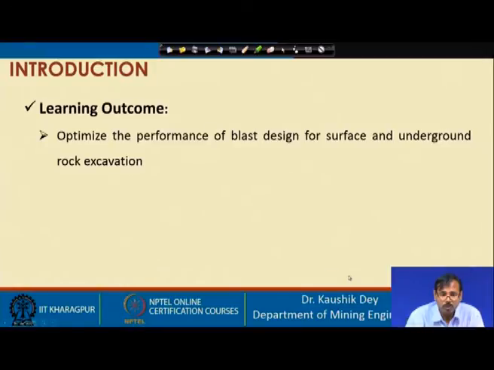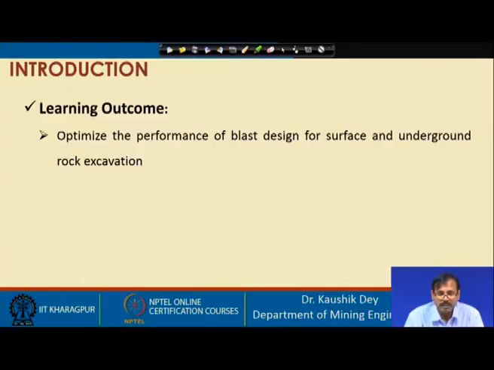They must know how to optimize the performance of a blast in the case of surface and underground mines. This is a very important part. Always having the highest profit may not give you the optimized one. The highest profit may be achieved in the blasting unit operation only, but that may lead to loss in other unit operations.